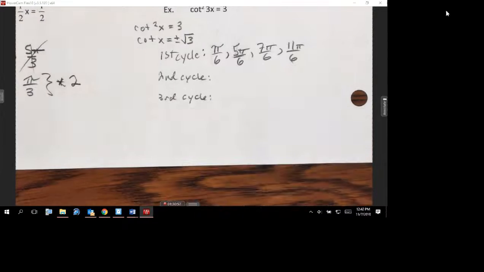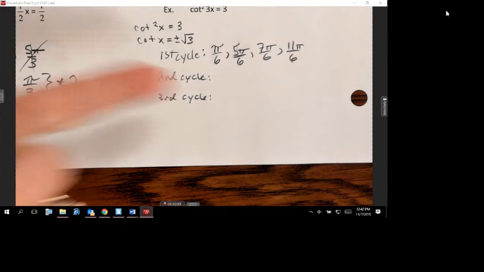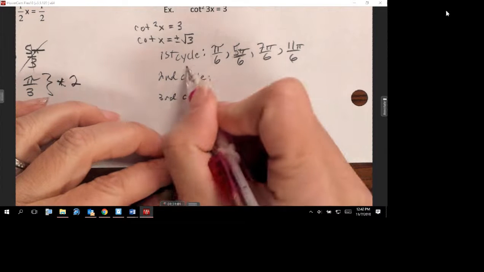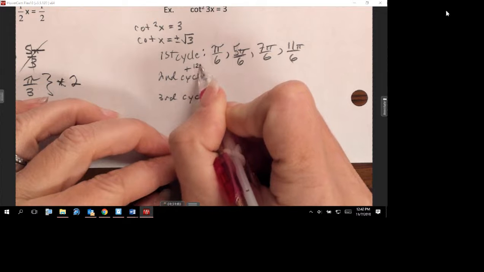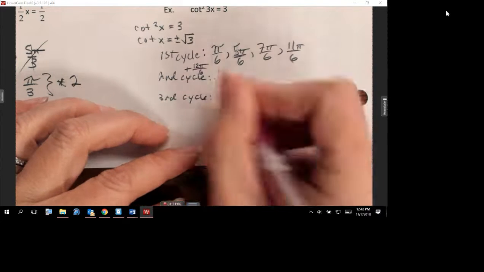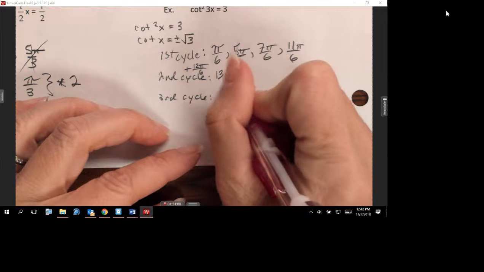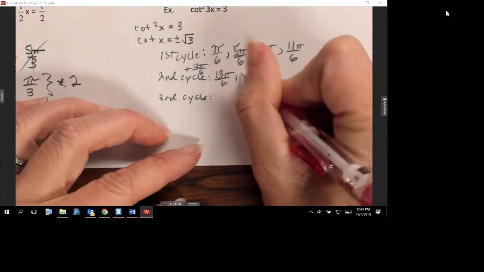Now I can't add 2 pi, I have to disguise it so it has a common denominator. So 12 pi over 6. So now we're at 13 pi over 6.